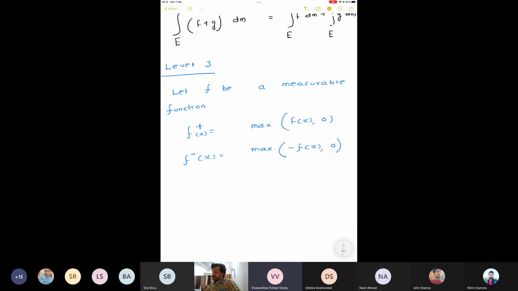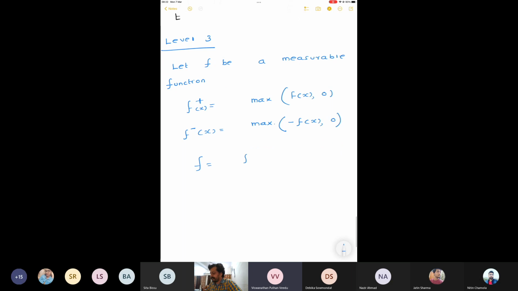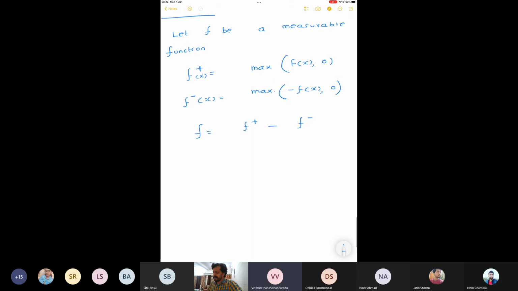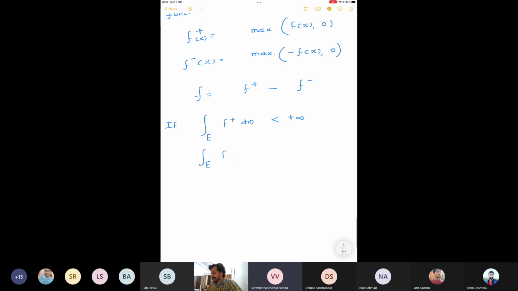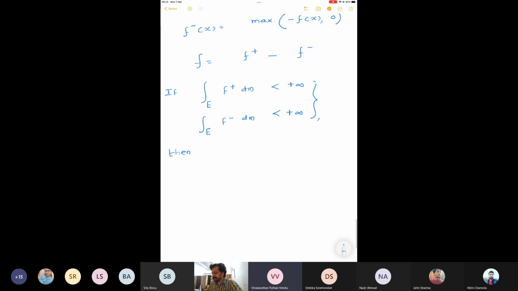Now f, you can write it as f plus minus f minus. If the integral over E of f plus dm is less than infinity and the integral over E of f minus dm is also less than infinity, then we say f is integrable. So apparently the integrability condition is different in this level.